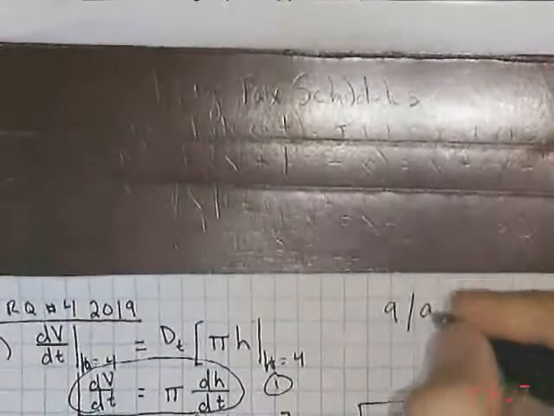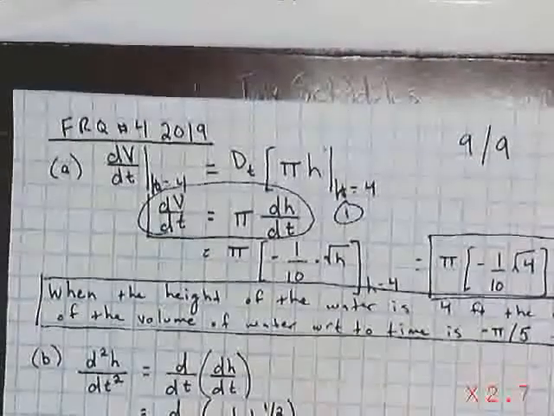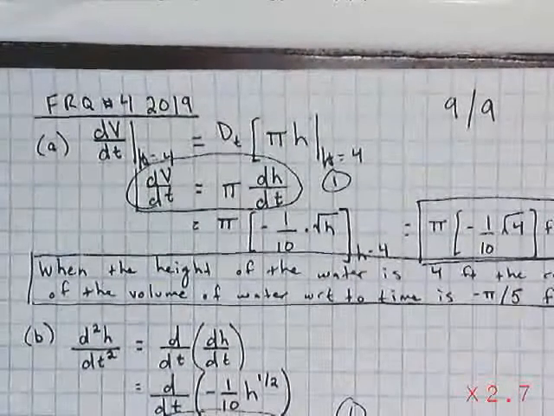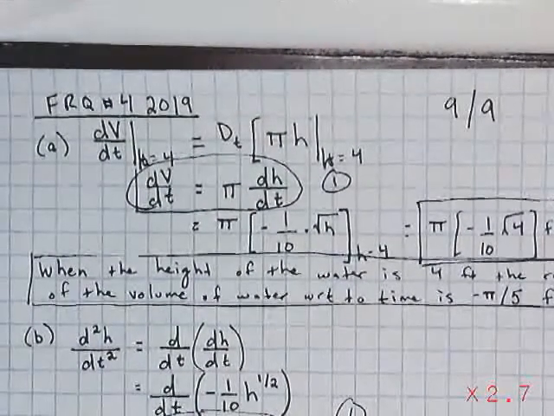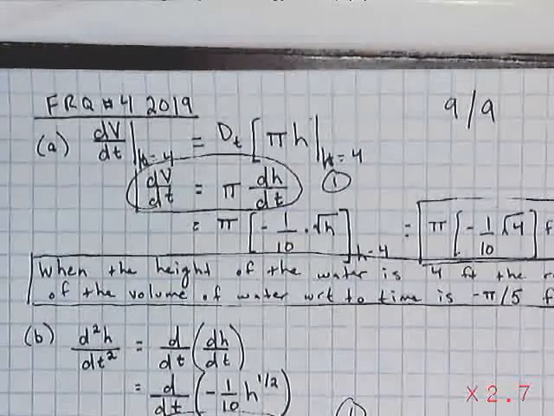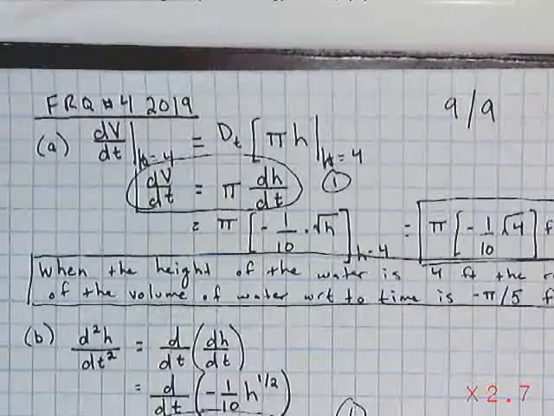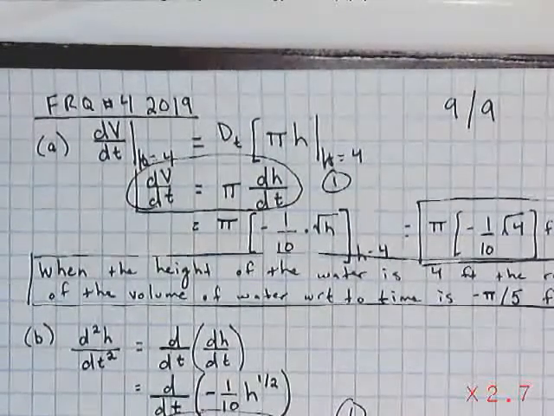So 4 plus 3 plus 2, that's how you get full credit, 9 out of 9, on FRQ number 4 from the 2019 AP exam. Parts 5 and 6 coming at you shortly. Here we go.